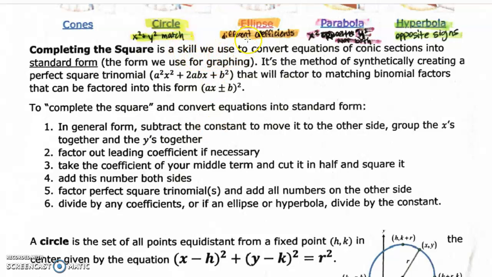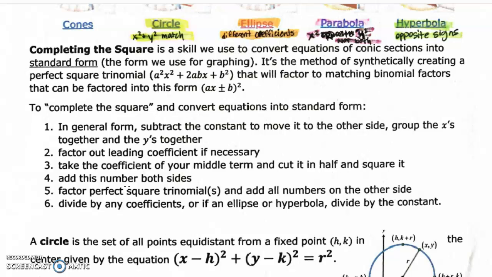If you have a circle, an ellipse, or a parabola, you want the x squared and the y squared to be on whatever side is going to make them positive. With a hyperbola, since they have opposite signs, you want the positive one first, whether it's an x squared or a y squared, but we'll talk about that more later. If there's any leading coefficient, you need to factor it out because we cannot complete the square with a leading coefficient. And that includes the negative.